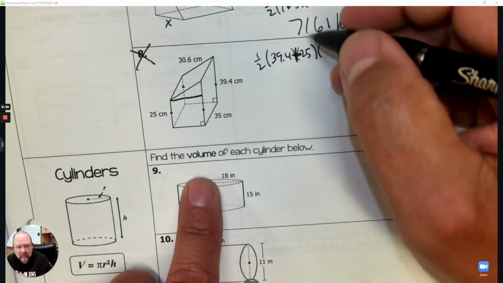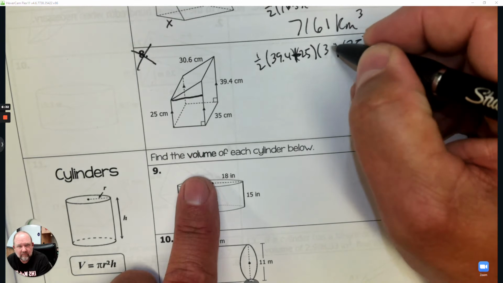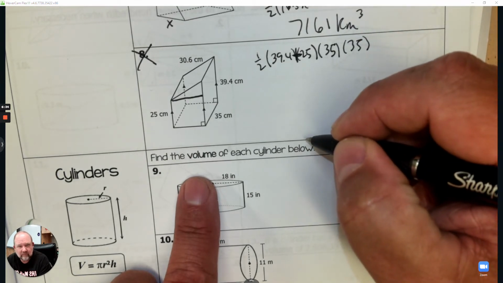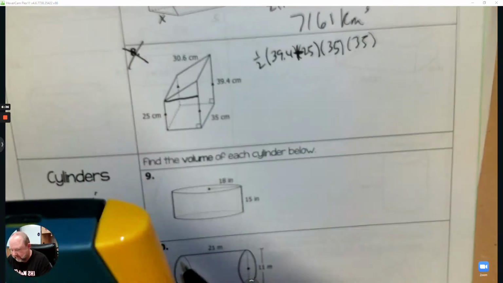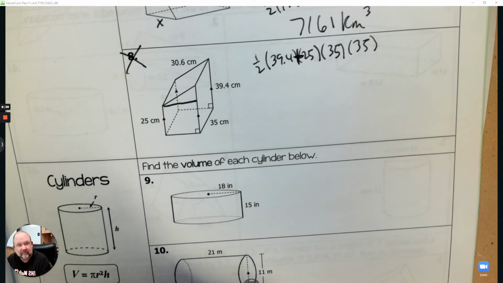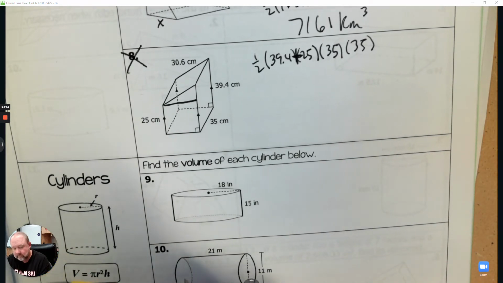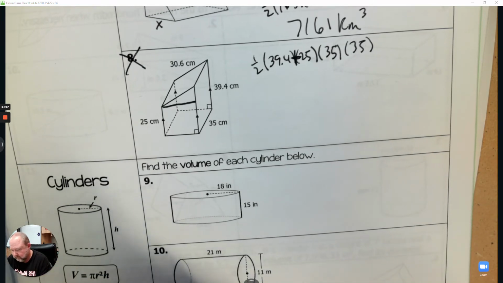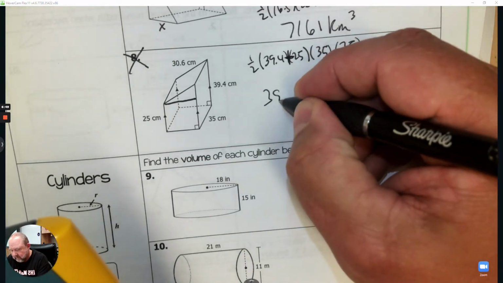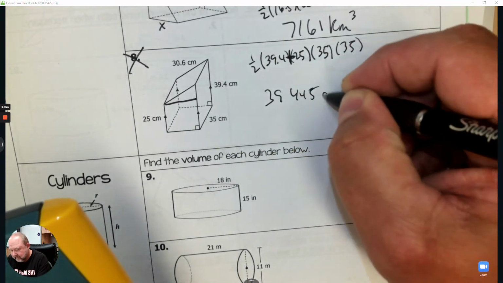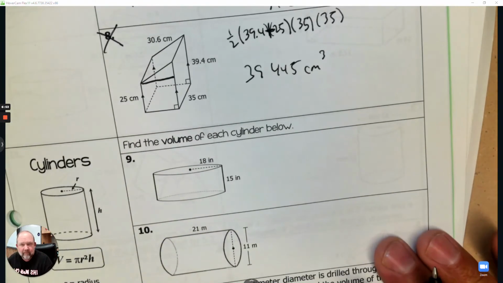Let me say it's a square at the bottom. Let's just say it's a square. All right. That's what you'd multiply it together. And I got 39,445 centimeters cubed. All right.